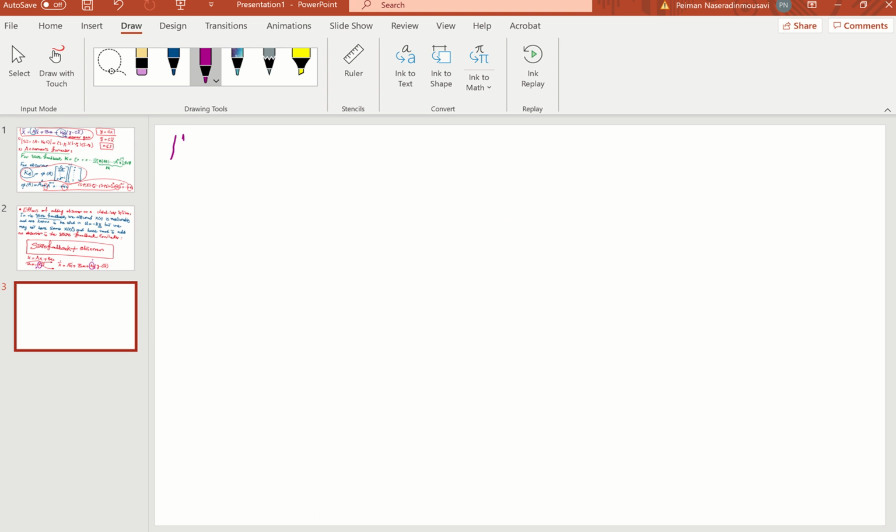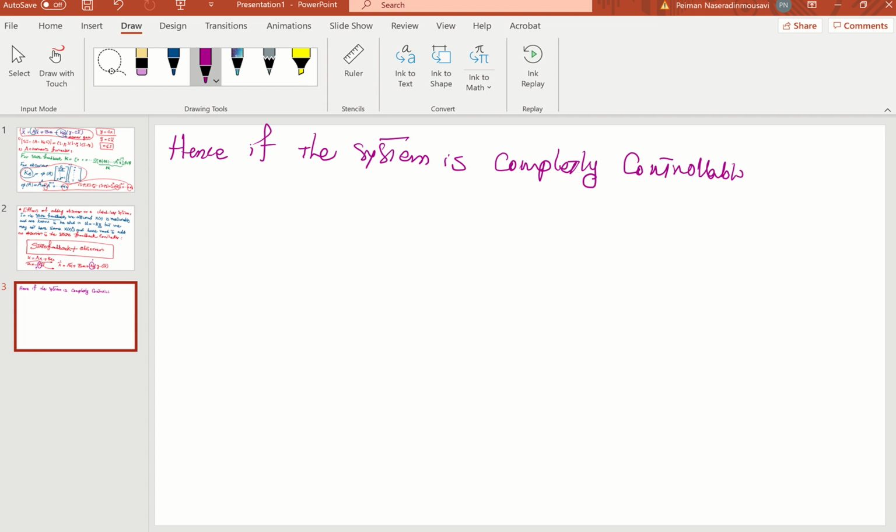So hence, if the system is completely controllable, I taught you this, right? You have to write the controllability matrix and see the rank of that matrix. If it is equal to n, your system is completely controllable.